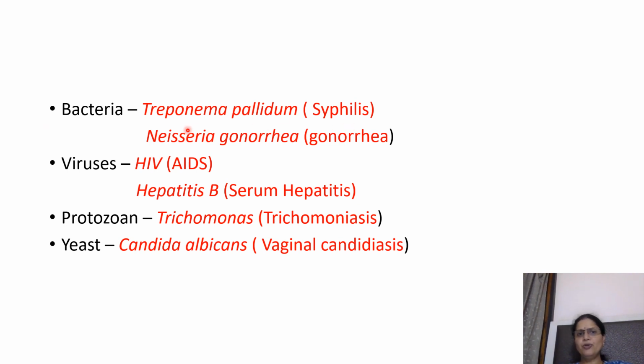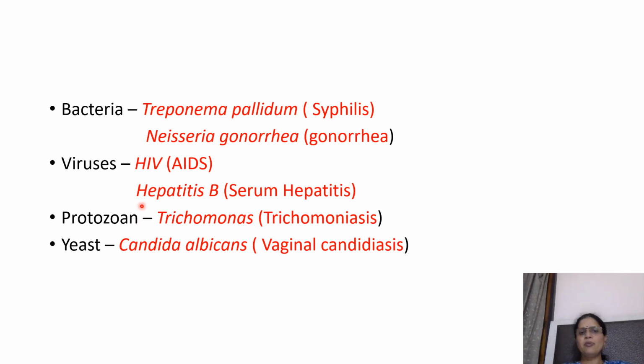Treponema is such a delicate organism, so it needs some damage in the skin by means of which it can cause the infection. Whereas Neisseria gonorrhoeae usually causes infection in the cervical region, and it causes inflammation in that region. And among viruses, of course, HIV, through sexual intercourse, can easily cause infection in the vaginal region, and from there it can enter the blood and get spread throughout the body.